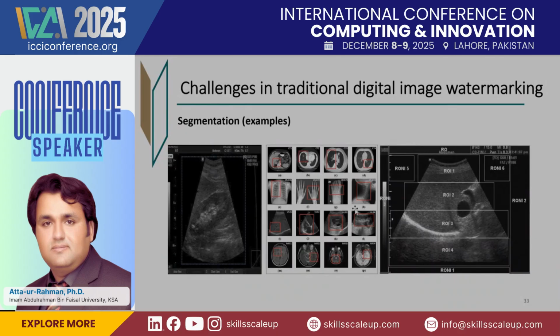In the first image, on the left-hand side, you can see that this rectangle has been drawn by the traditional approaches. This means this region must not be utilized for embedding the watermark. However, it can be embedded anywhere outside. Similarly, in this second case, you see this red rectangle showing the region of interest, and the watermark can be embedded outside.